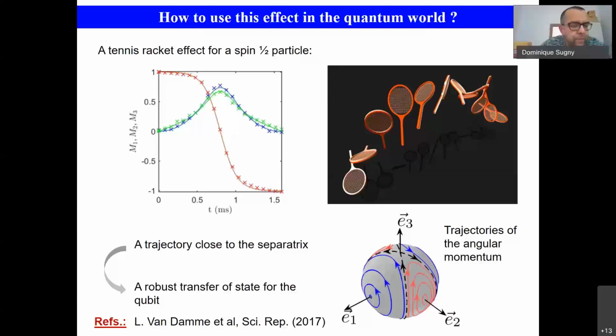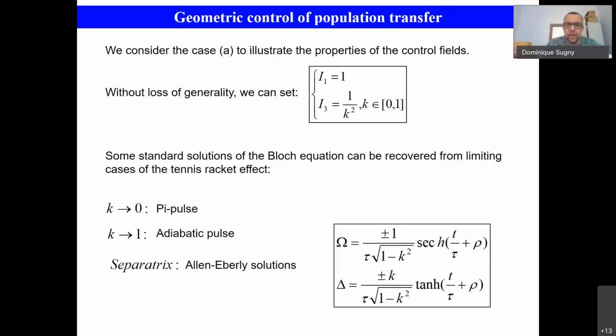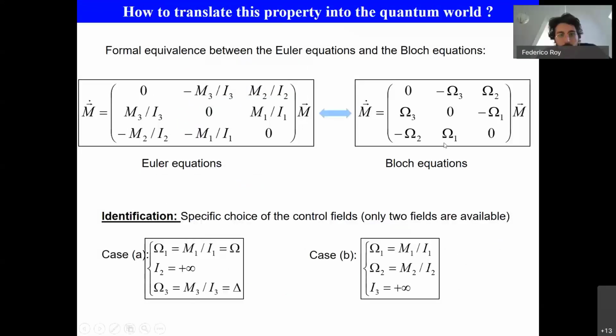No. When we put one of the moments of inertia to infinity, basically in the Bloch equation we eliminate one of the three control fields. So for instance, here we eliminate the omega-1 term, and we have only two control fields.